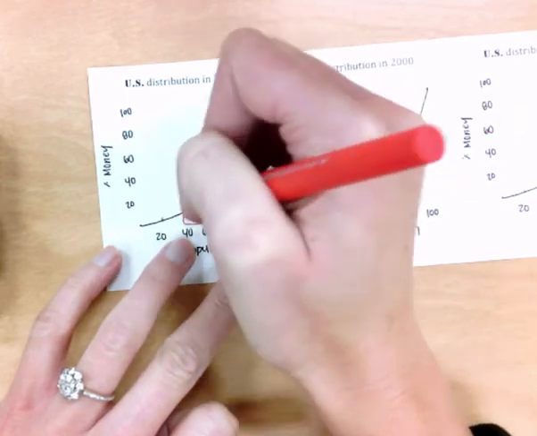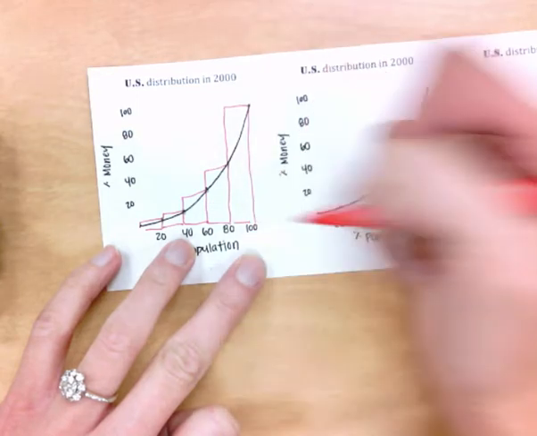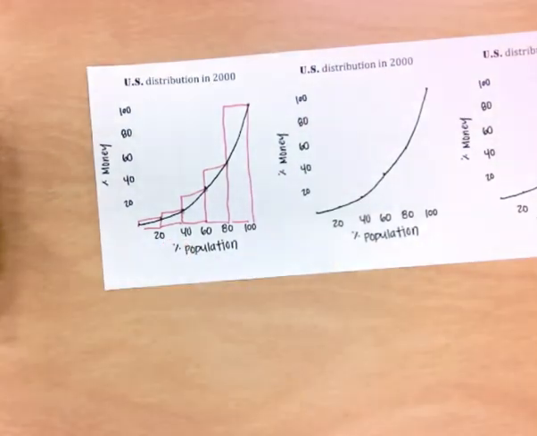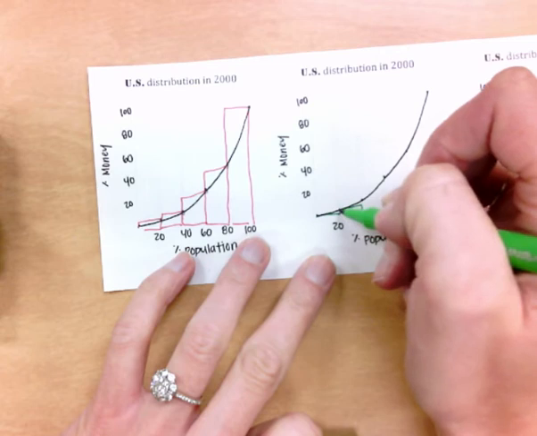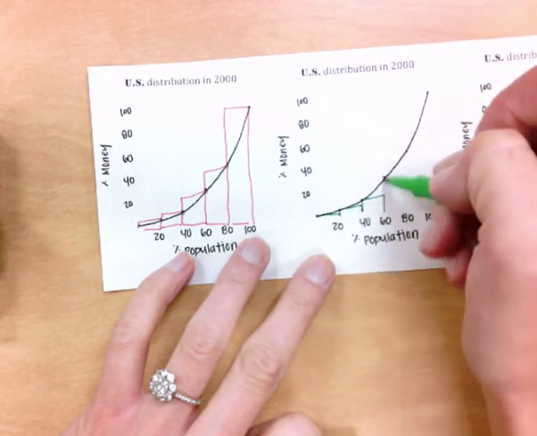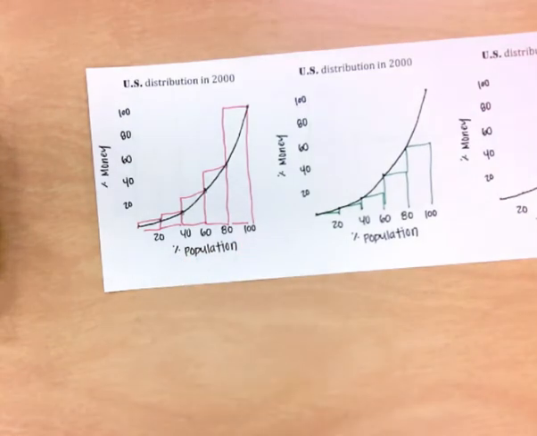We took all of those areas, summed them, and got an overestimation. And then the left-hand sum was similar, but each of these was the left-hand spot, so these were inscribed rectangles, and so those were an under approximation.